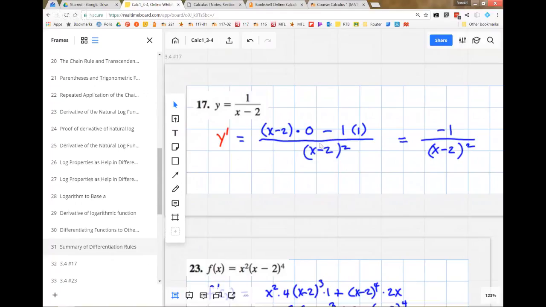So you go to the quotient rule: denominator times derivative of numerator, 0, minus numerator times derivative of denominator, 1, all over denominator squared. And on top you just get -1. So this one's pretty straightforward. Not a whole lot of comment.